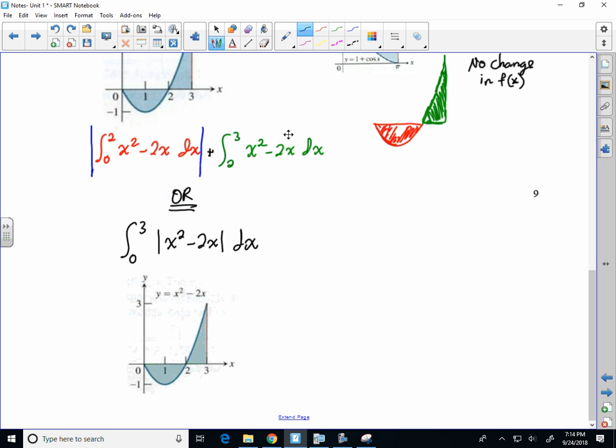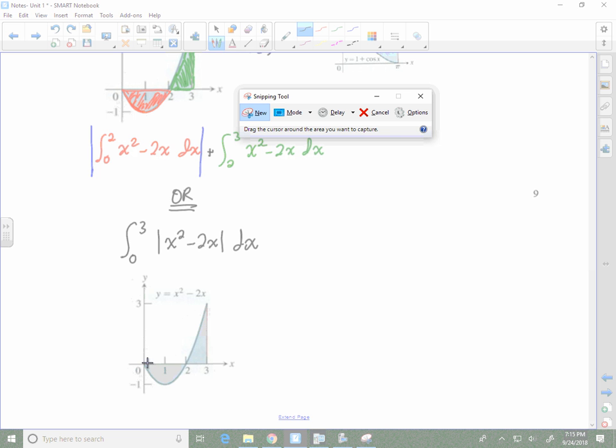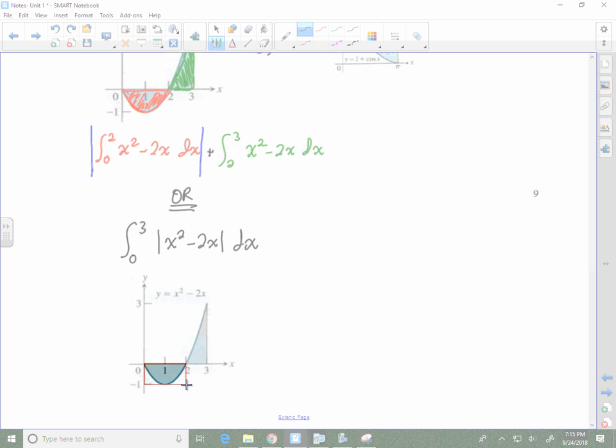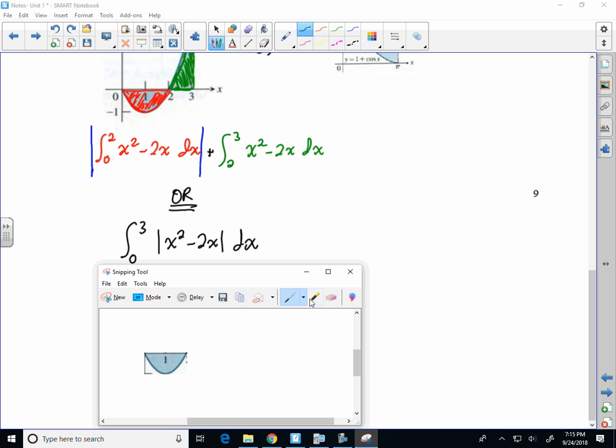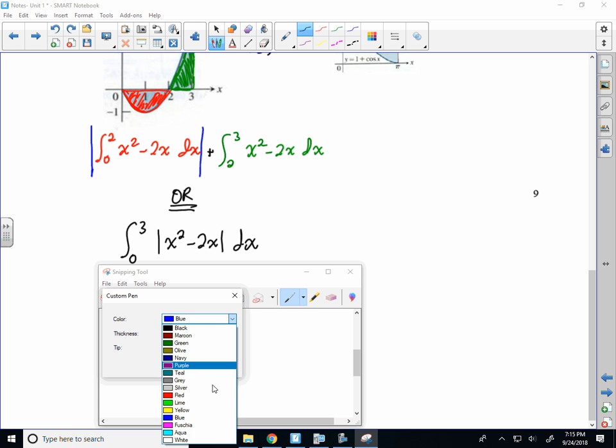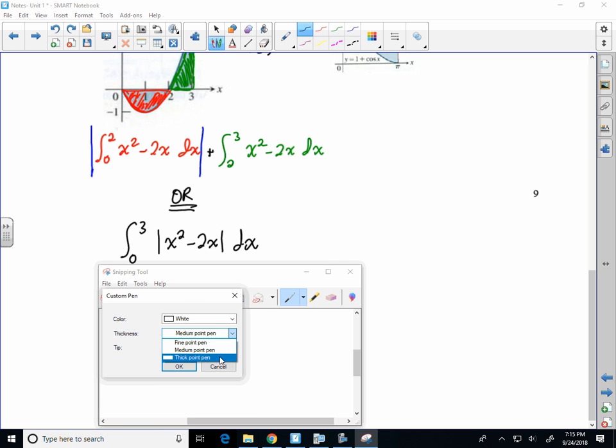All right, now, let's see if I got what it takes. Custom pen, customize the custom pen. Make it white, thick point. You don't want the round tip pen.